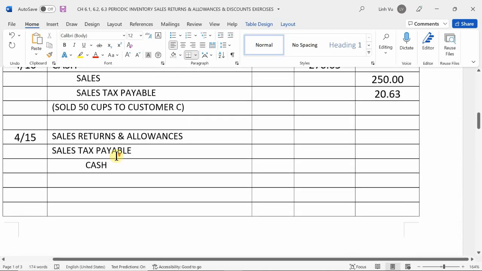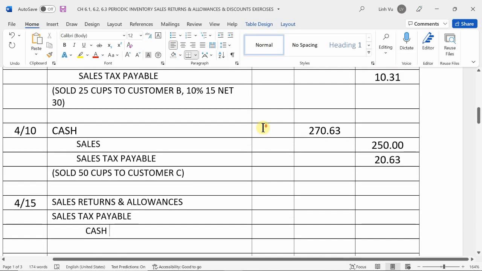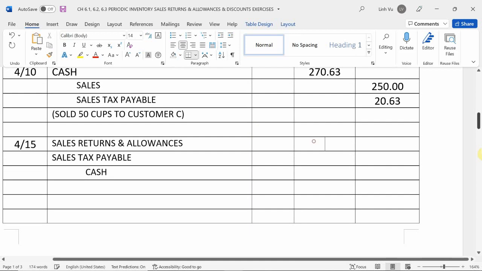Okay, so in this case, how much did I sell each cup for? $5 each, right? I sold 100 cups at $5 each. So if customer A is returning 10 of those coffee cups, what is my total sales returns and allowances?